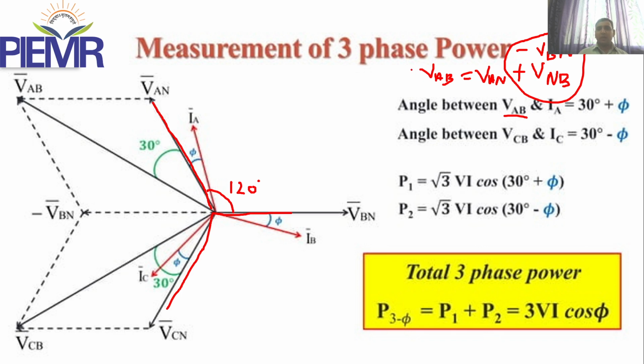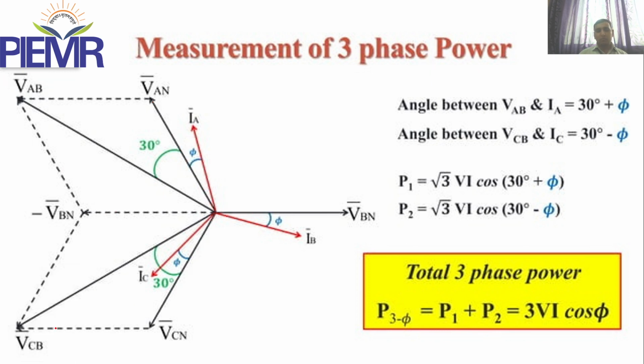So we want VAB, that is your line voltage. First put VBN in the opposite direction, 180 degrees, to get minus VBN, for this formula VAB equal to VAN minus VBN. So with minus VBN and VAN, we get the resultant, which is VAB. The angle between VAN and VBN is 120 degrees.